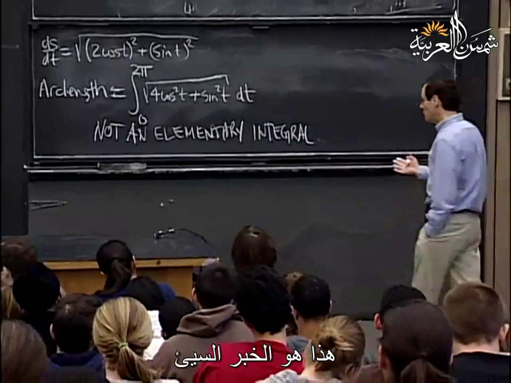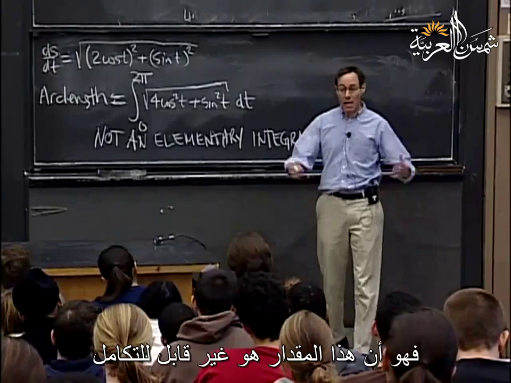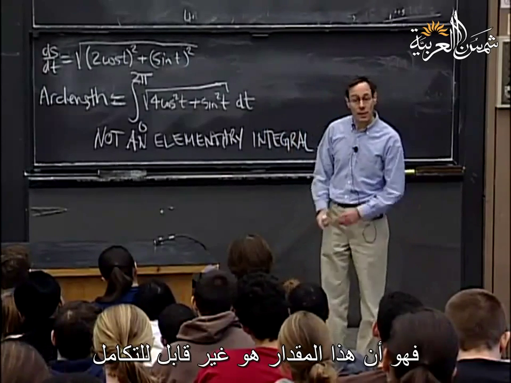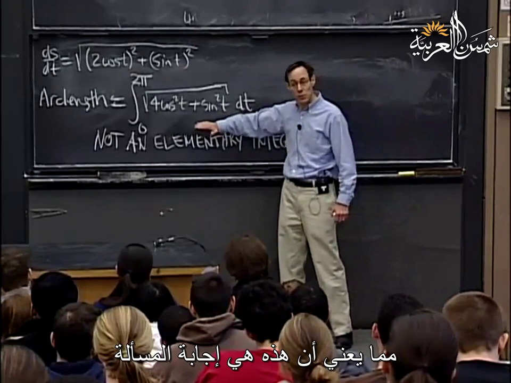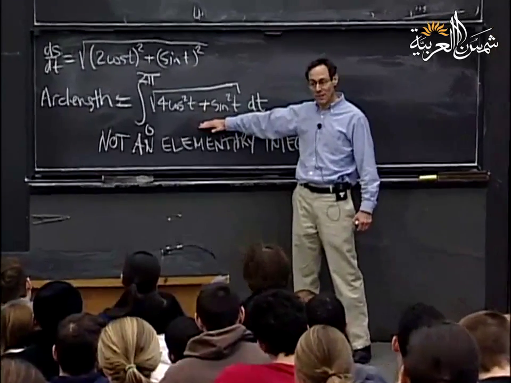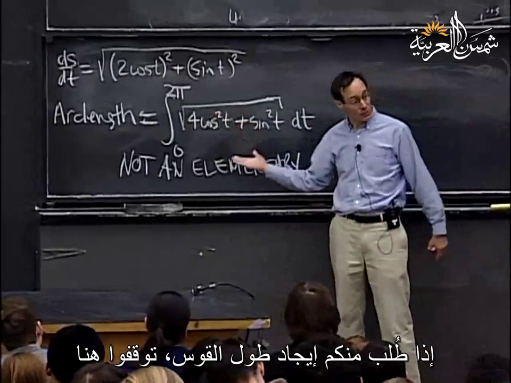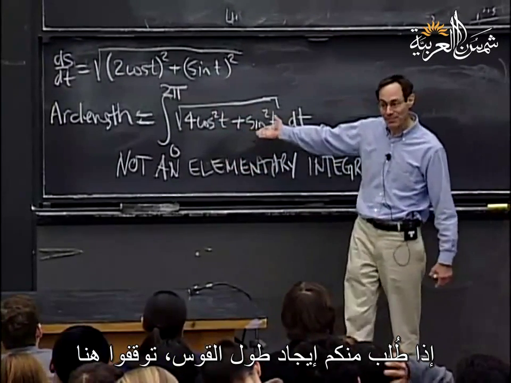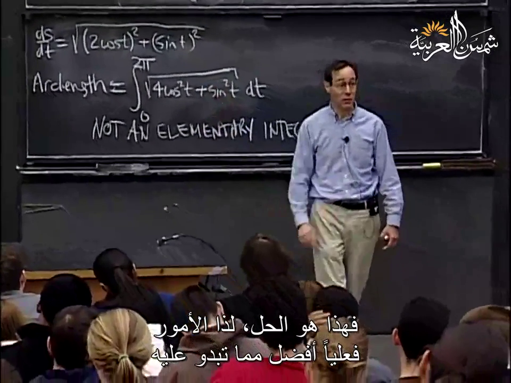That's the bad news. The good news is that since it's not an elementary integral, this is the answer to a question, not something that you have to work on. So if somebody asks you for this arc length, you stop here. That's the answer. So it's actually better than it looks.